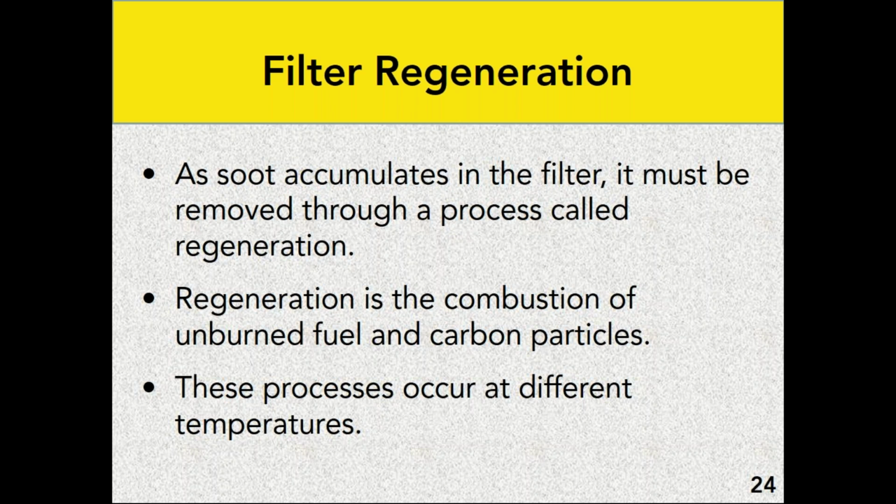We create a chemical process called fire that actually converts the solid carbon particulates into gaseous materials in the process of burning. That is how we regenerate this filter's ability to actually remove all of the soot. Now, this regeneration process can happen in several different ways, and that's really what differentiates filtration systems from one another.